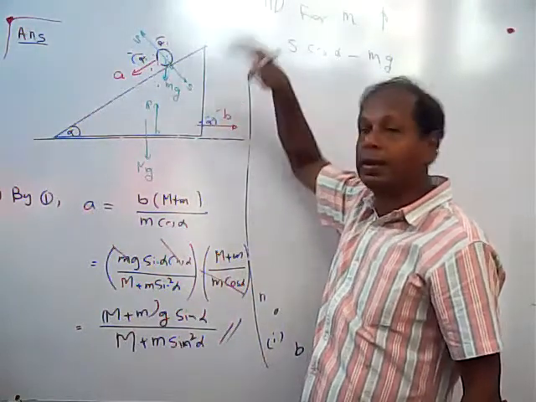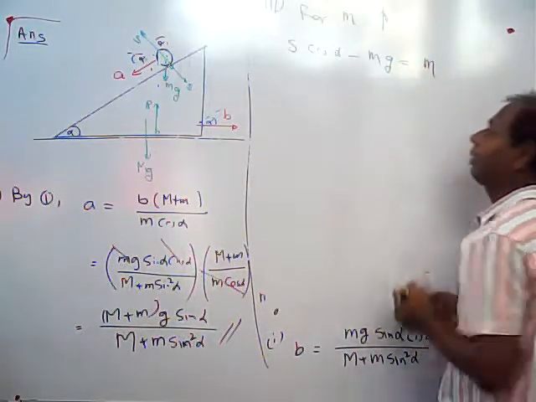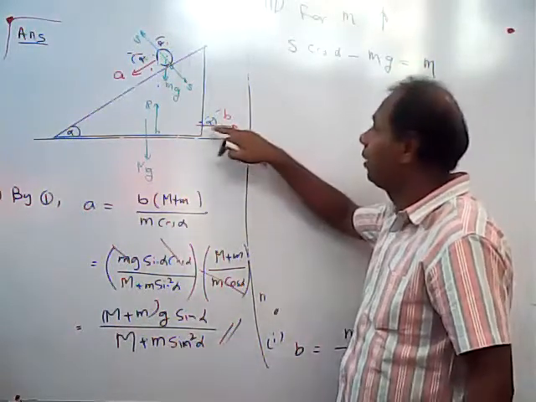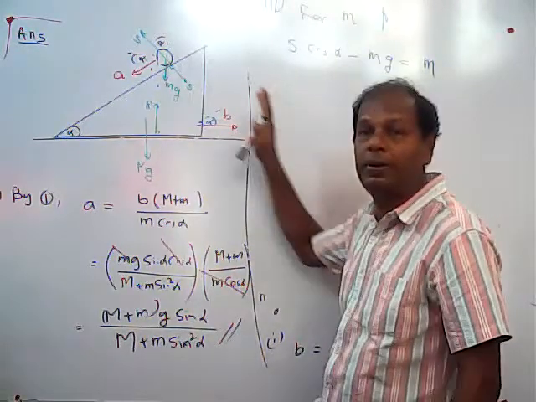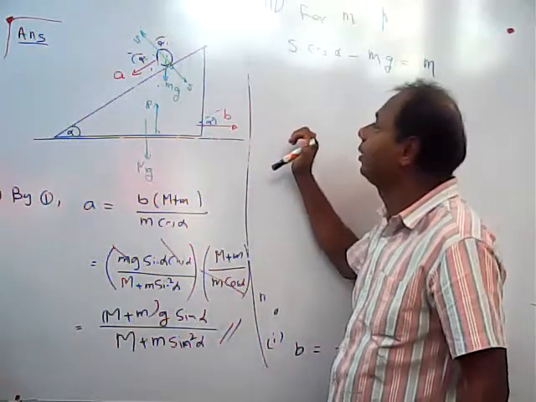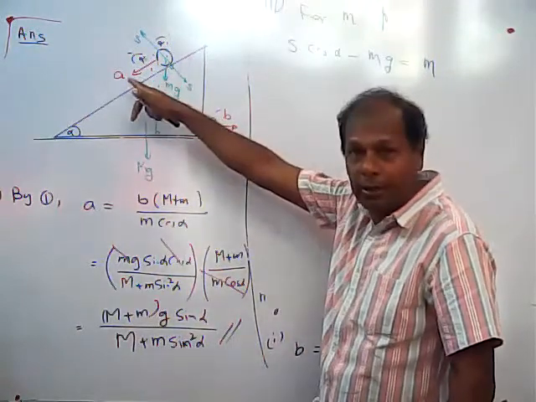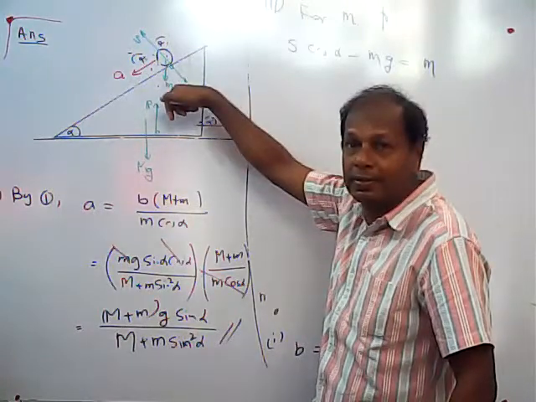Then the right hand side equals m times, B will not affect because B is horizontal and we are applying vertically. But A will be there. A downwards will be A sin alpha.